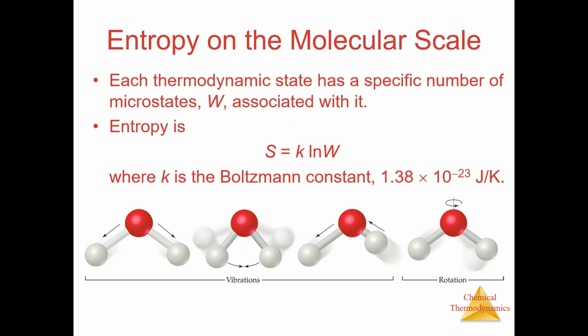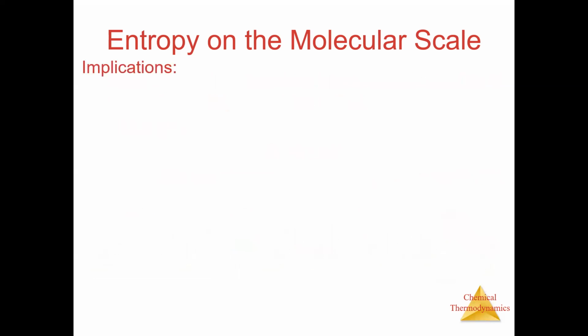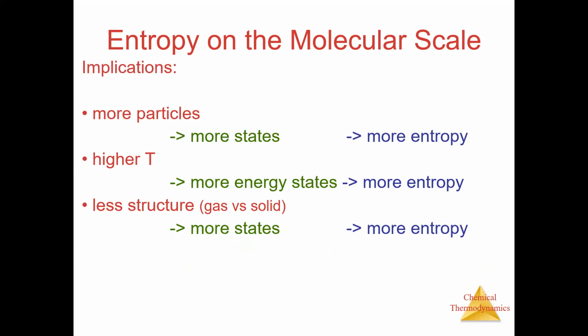Entropy is represented as capital S equals k times natural log W, where k is the Boltzmann constant and its value is 1.38 times 10 raised to minus 23 joule per Kelvin. More particles implies more states, more entropy.